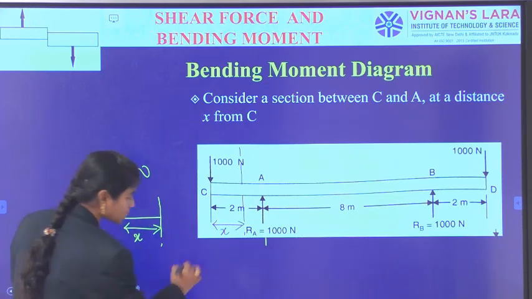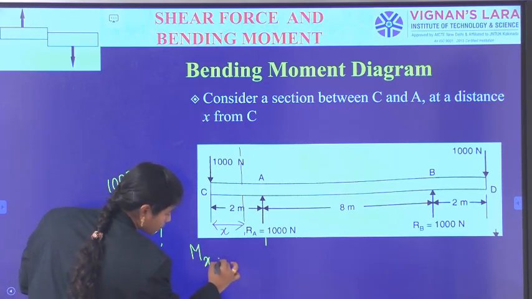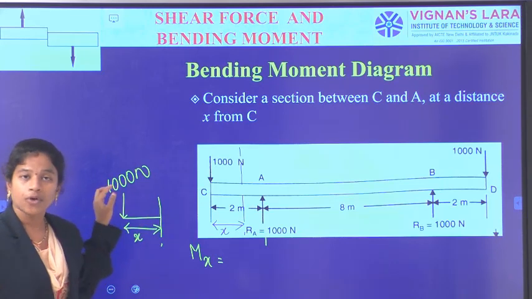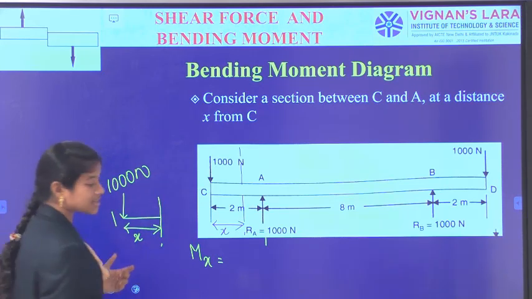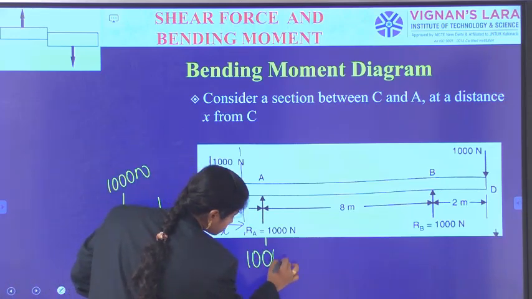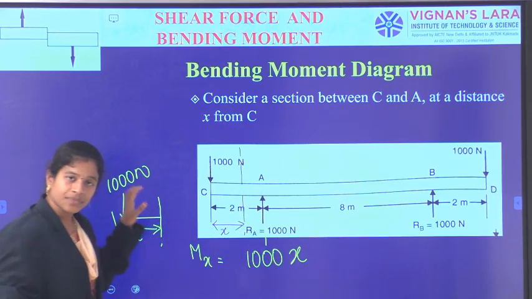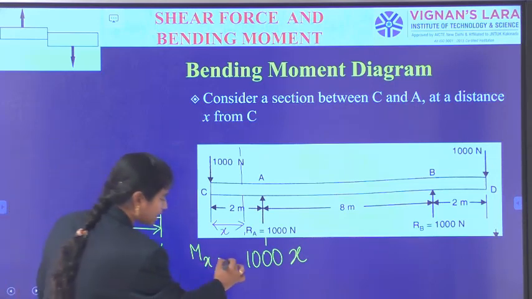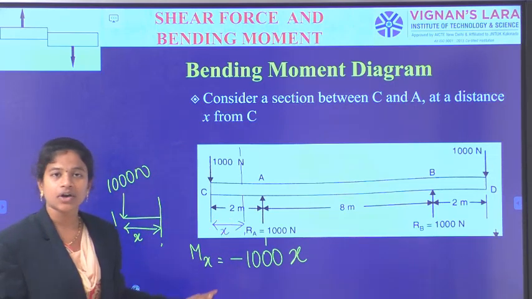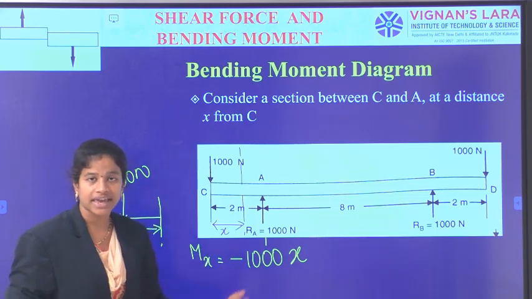So the corresponding Mx is equal to, see here what is Mx? Force into perpendicular distance about the section line. So force into perpendicular distance, which is 1000 times x. So 1000x. As it is giving this hogging type moment, I should indicate negative. So Mx is equal to minus 1000 times x.